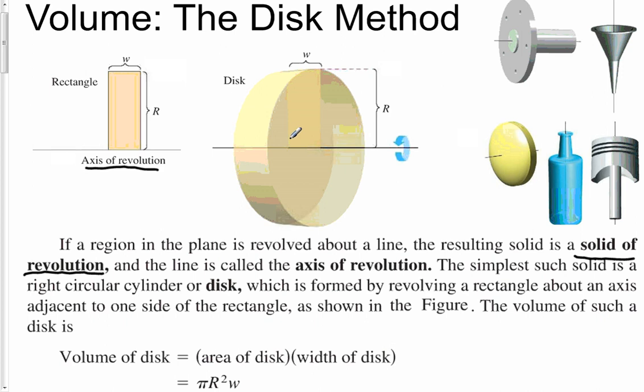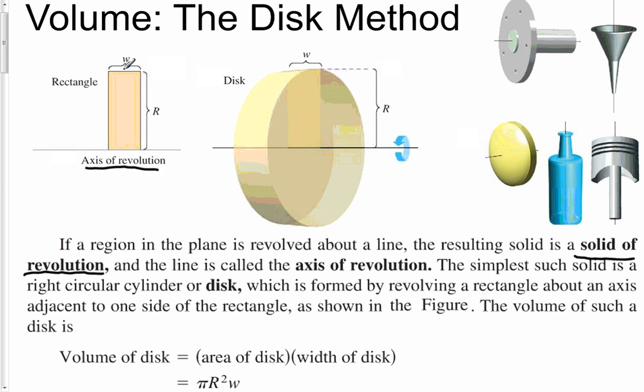this is the simplest solid of revolution. All right, so the volume of this disk is the area of this circle here, which is pi times r squared, because remember, this distance right here is r, and that happens to be the radius of the circle on this face of the disk, multiplied by the width of the disk. And the width of the disk is just w.